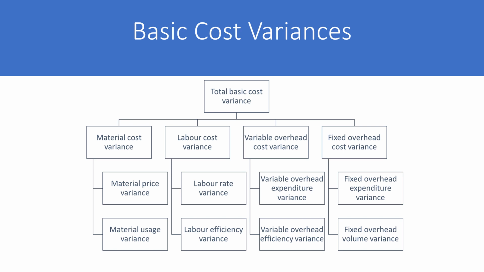For labor cost variance, you can calculate the labor rate variance as well as the labor efficiency variance. For the variable overhead cost variance, you can see the variable overhead expenditure variance, and also the variable overhead efficiency variance. For fixed overhead cost variance, you can calculate the fixed overhead expenditure variance, and also identify how much the fixed overhead volume variance is.